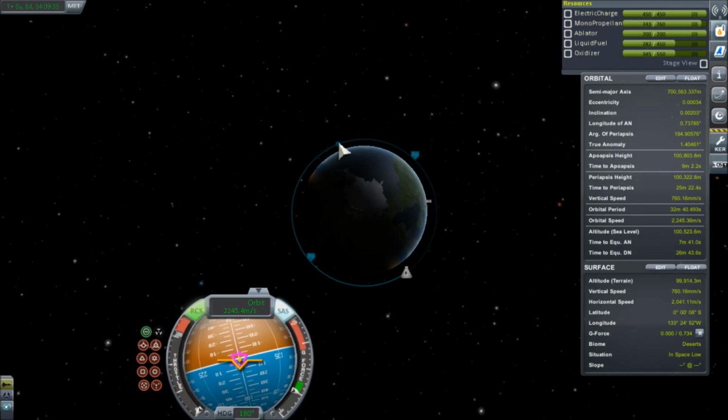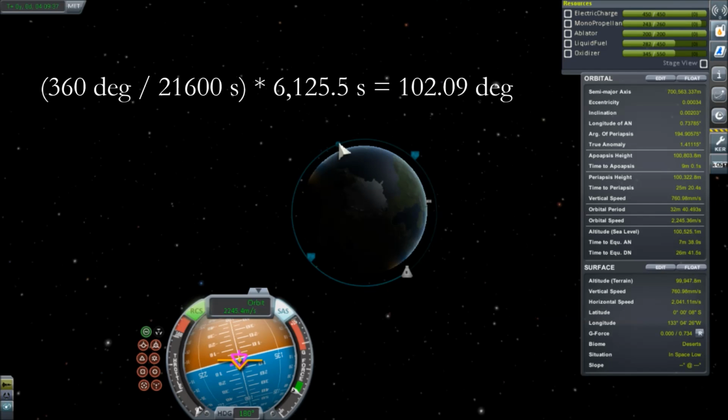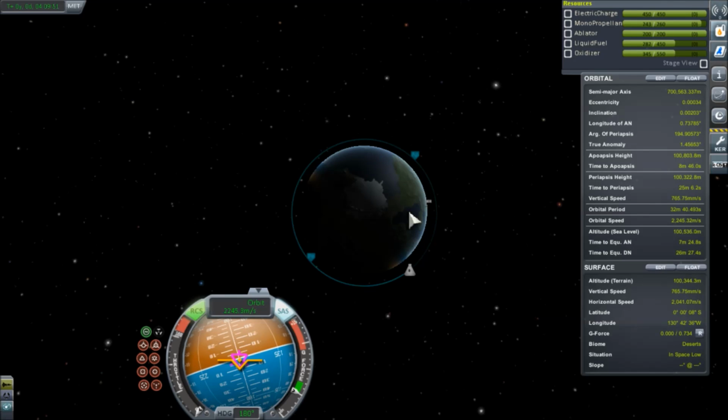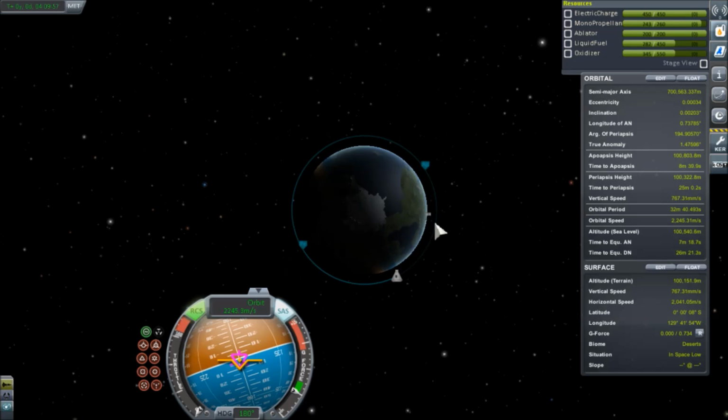And it turns out we take 360 degrees, divide by 21,600 seconds, and multiply that by 6,125 seconds, and we get an angle of 102.09 degrees. So that means that KSC is going to move about that much. Look where I'm pointing.